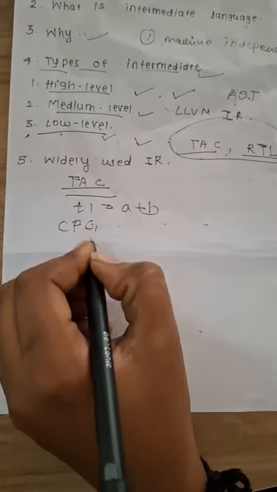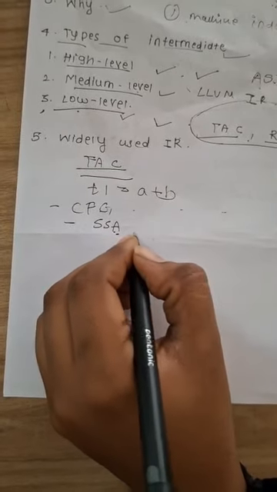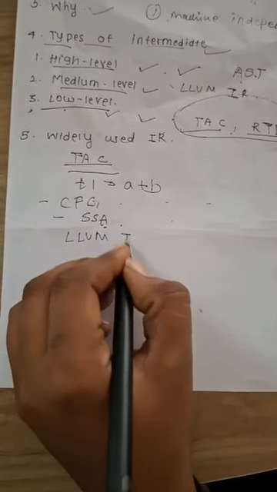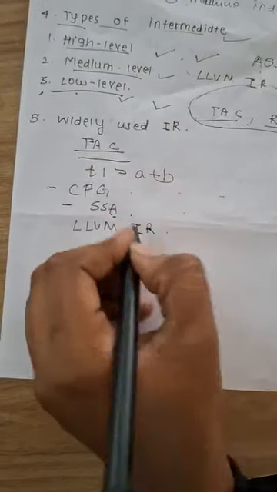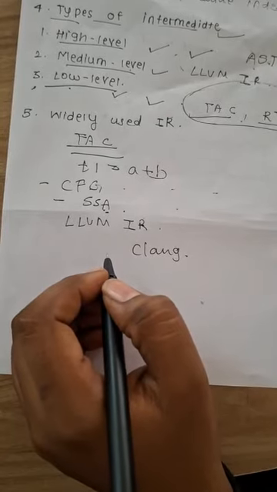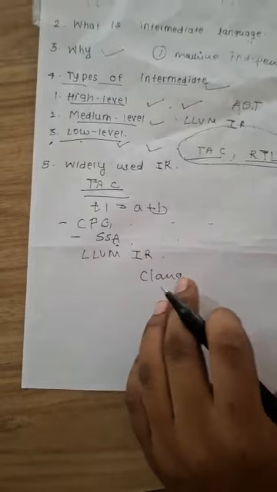The third one is SSA, that is static single assignment. Each variable is assigned exactly once. The fourth one is LLVM IR, which is widely used in modern compilers like Clang, and is powerful and modular. All these come under intermediate languages.